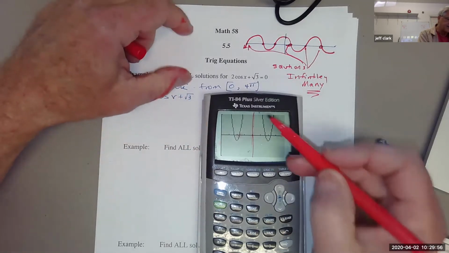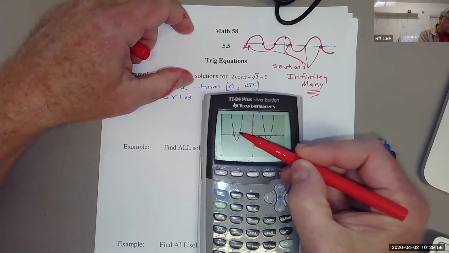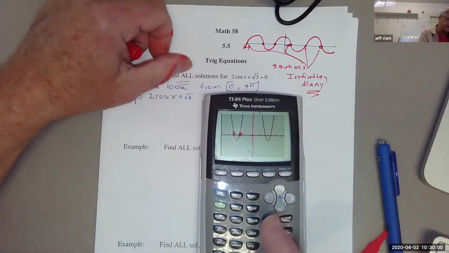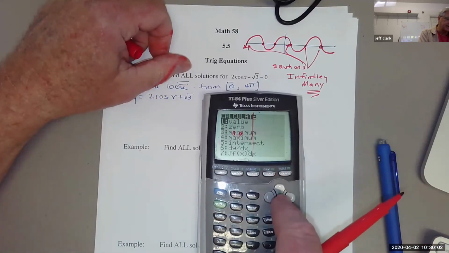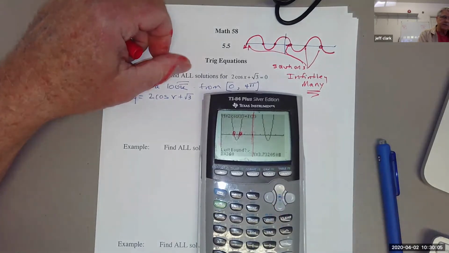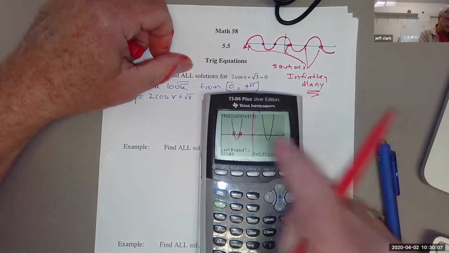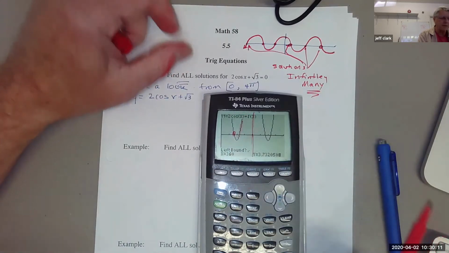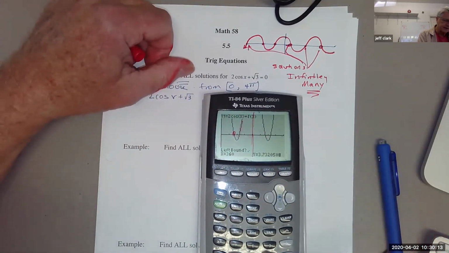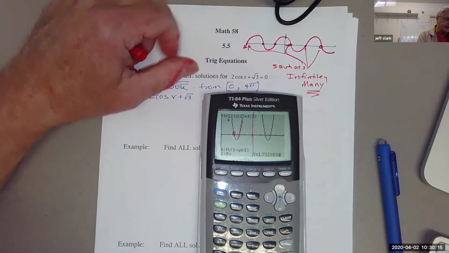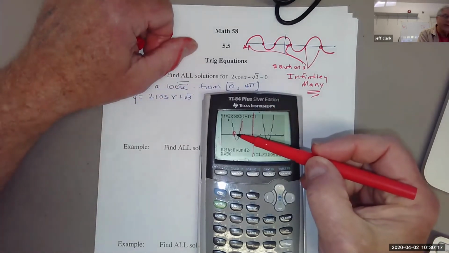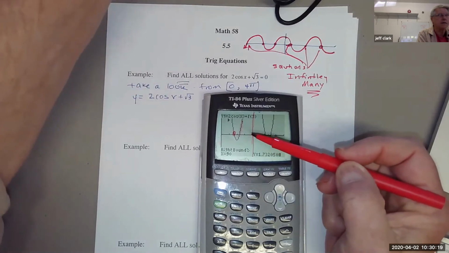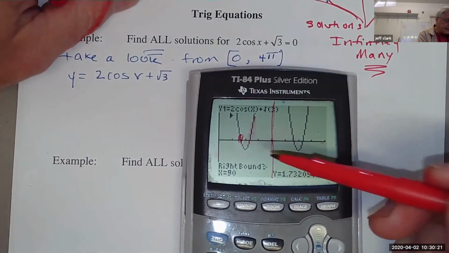So let's find the 2 key ones first in the first period. I'll do that with second calc and 0. Let's find this one first. Remember, each one of these markers is 90 degrees. So let's do left bound 90 and the right bound in between here, which looks like 180.